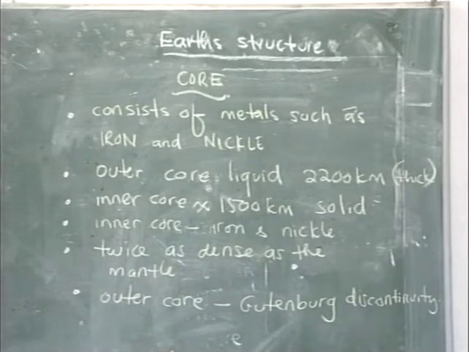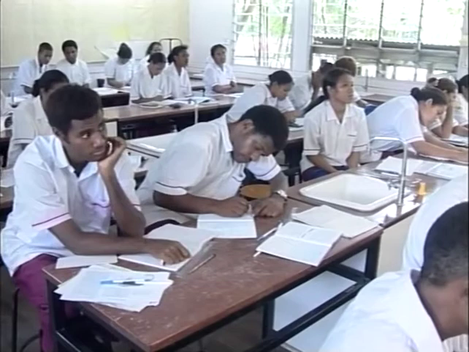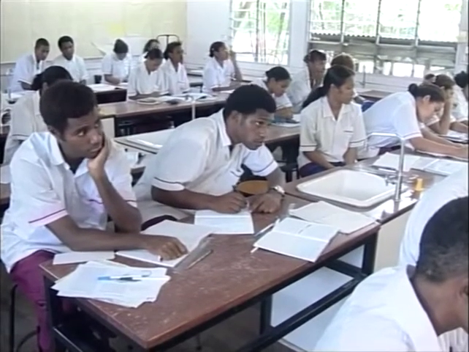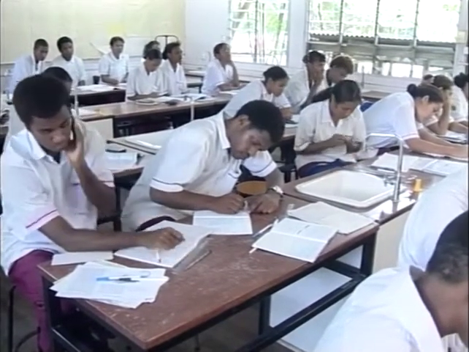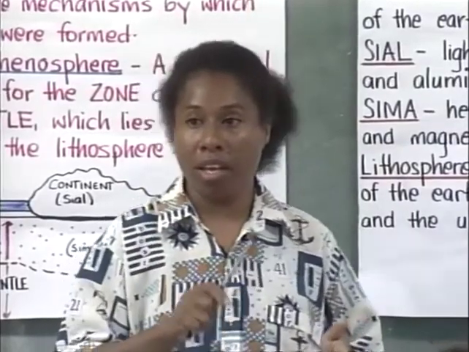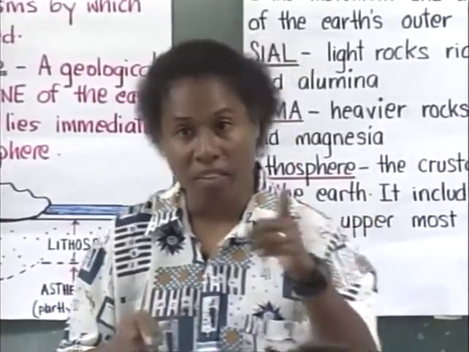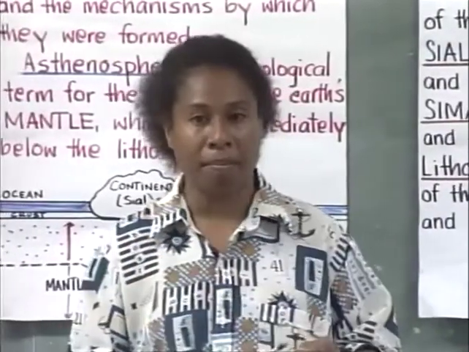I explained that this has to do with the changing of the speed of earthquake waves. As soon as the earthquake waves reach this particular layer in the mantle, the Moho discontinuity, they change their speed. People who study waves will know straight away, as soon as the waves change speed, that the wave has reached this particular layer.